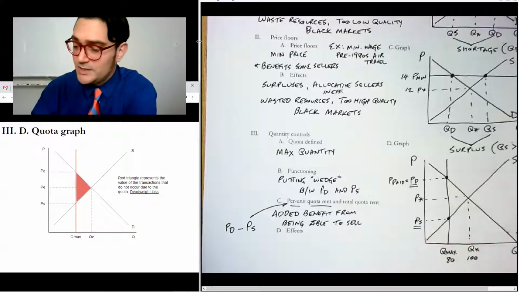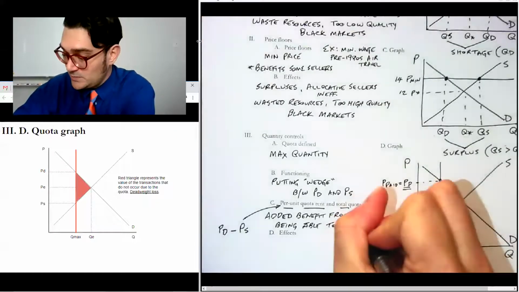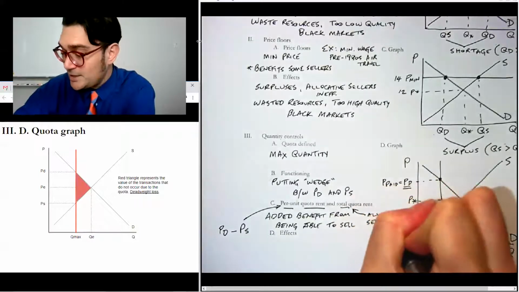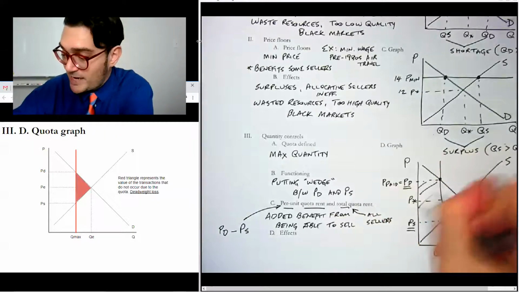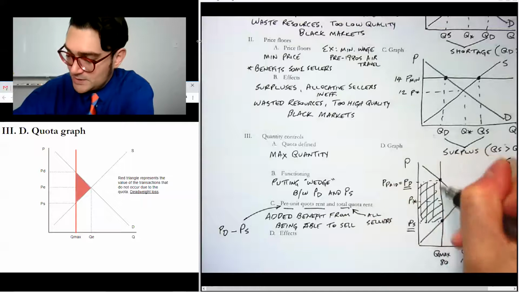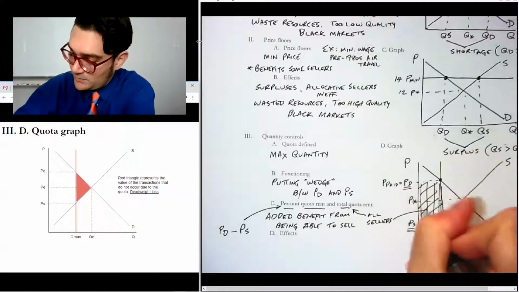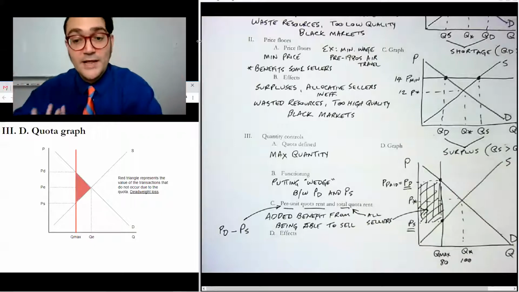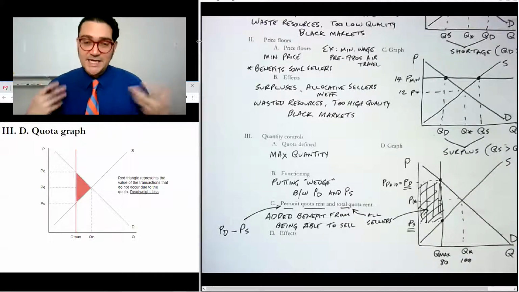But the total amount of benefit that goes to all the sellers, you can add up the size of this box. And that's the total. So the area of the box is the total amount of quota rent that all the different sellers get to benefit from.